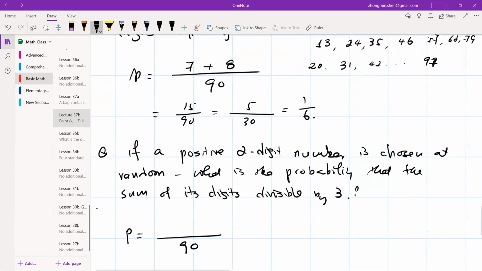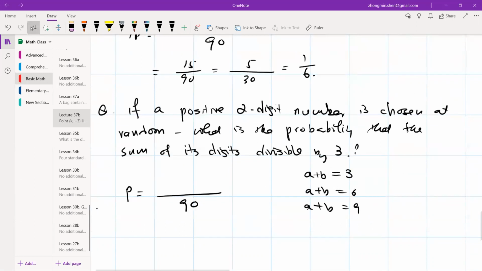So A plus B, where this is a 2-digit number AB. A plus B is 3, A plus B could be 6, A plus B could be 9, A plus B could be 12.